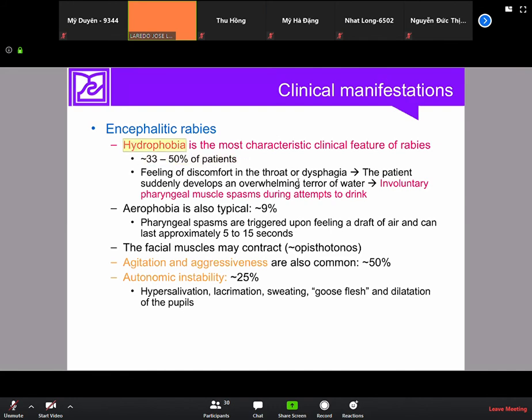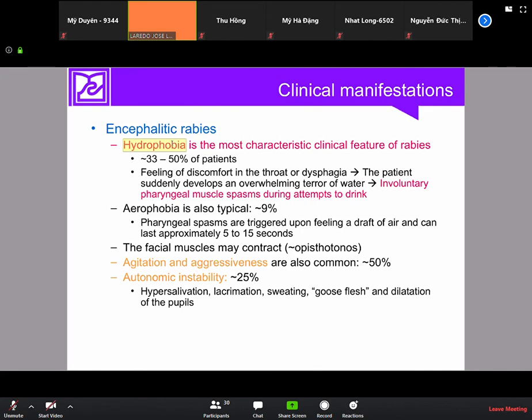Hydrophobia is an involuntary contraction of the muscles of the pharynx when the patient wants to drink. So the patient can't drink. It's like a fear of water, like a terror of water. That is hydrophobia, and this is terrible. This finding is terrible.